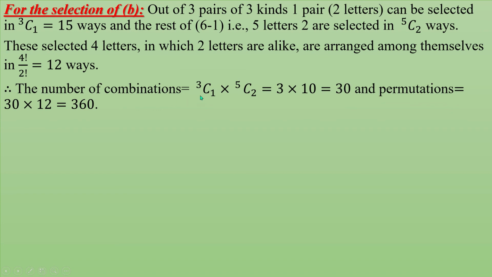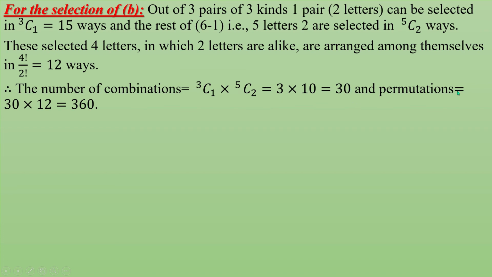Therefore the required number of combinations, 3C1 into 5C2, equals 3 into 10, which equals 30. Here 3C1 equals 3, not 15. So here it will be 3, and 5C2 equals 10, and 3 into 10 equals 30.